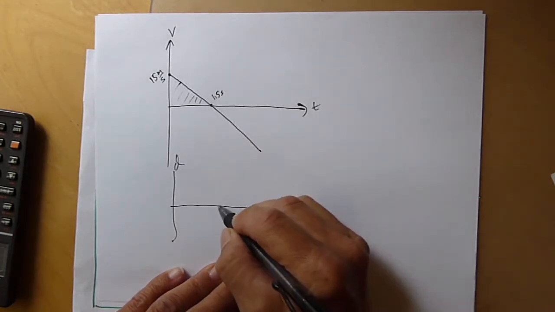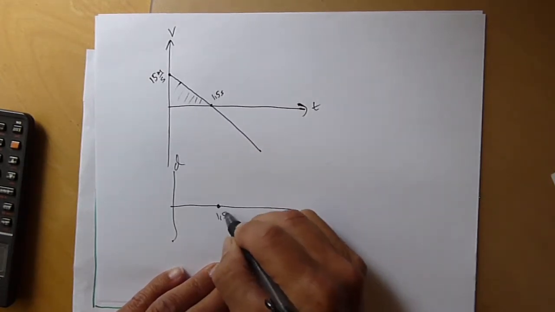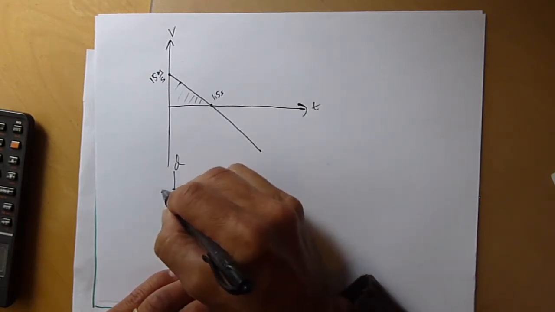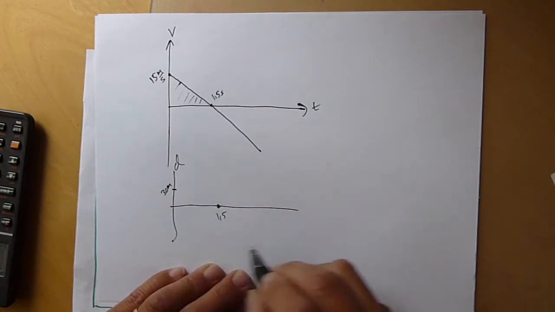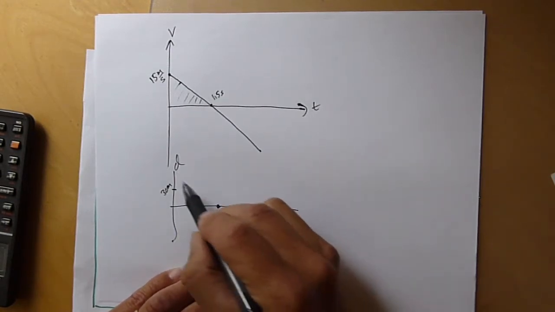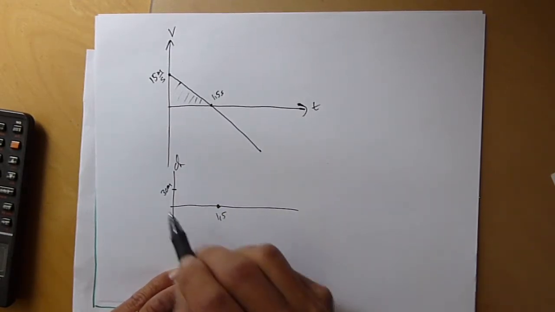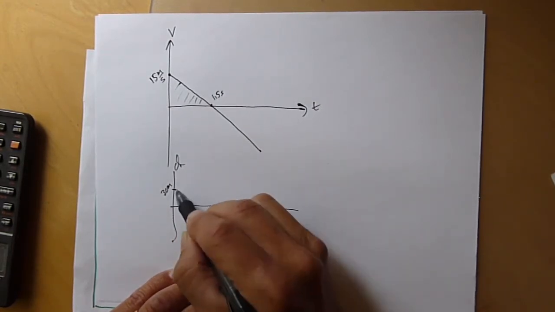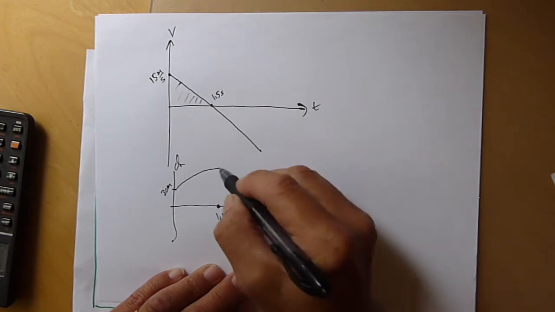So let's draw in that 1.5 seconds, and then let's imagine that it starts out at a height of 30 meters. The distance from the ground starts at 30 meters and keeps on increasing until 1.5 seconds. So it's going to look something like that.